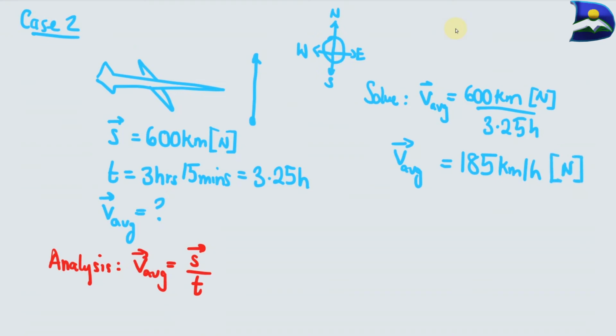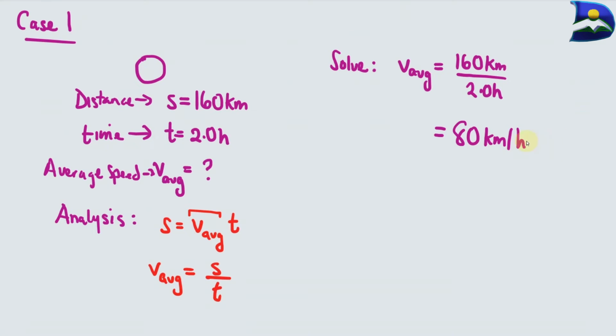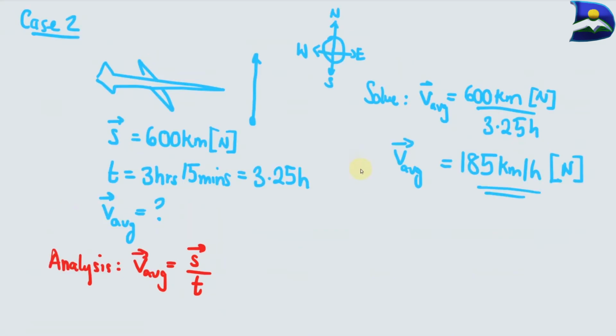This is going to be experiencing a wind velocity that is east, which we represent as the vector VW, and this wind velocity is equal to 55 kilometers per hour east.